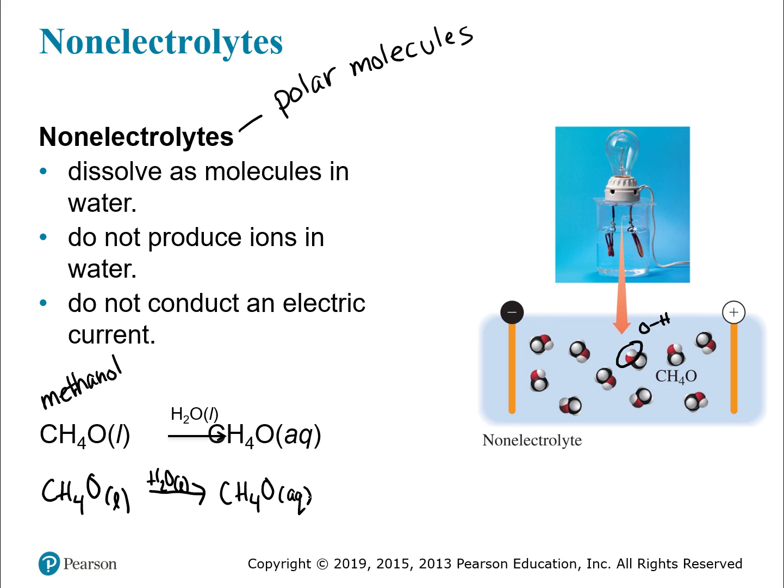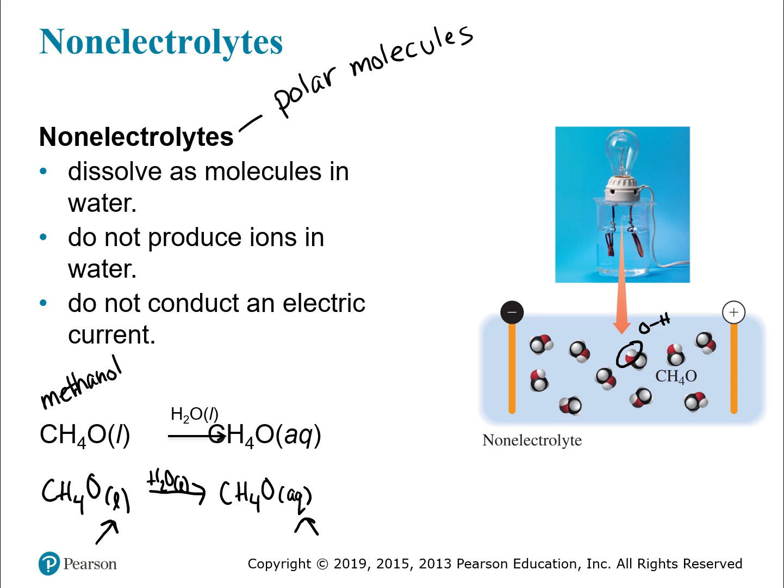I'll rewrite this one again for you. You have liquid methanol, you add it to water, and it's just aqueous. Notice that the state of matter changes. So you've got liquid and then aqueous. If we had something like table sugar, that is a polar molecule.